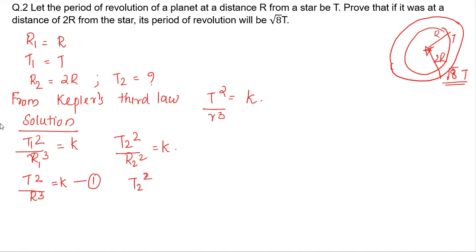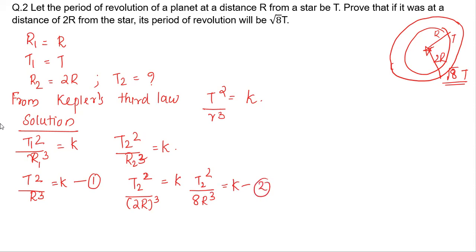T2 square upon r2, which is 2r, the whole cube will come, because the denominator has a cube. We can write t2 square upon 2r the whole cube, which means we have to take the cube of 2 and r also. So 2 cube is 8, r cube is r cube. So we got t2 square upon 8 r cube is equal to k. Let it be equation number 2.